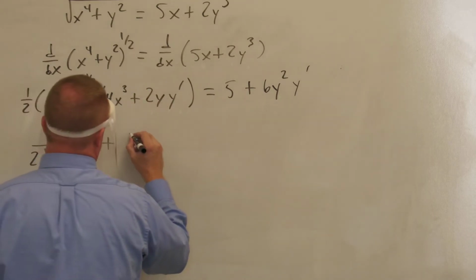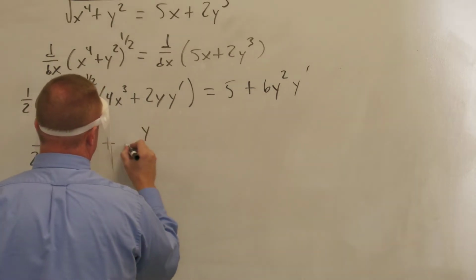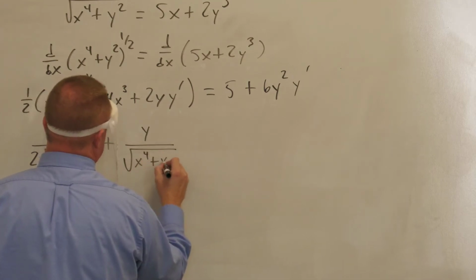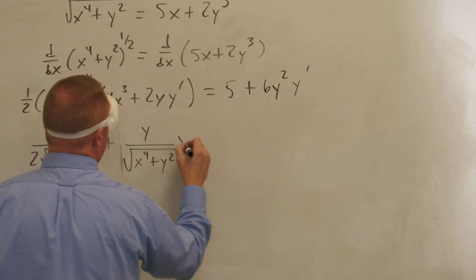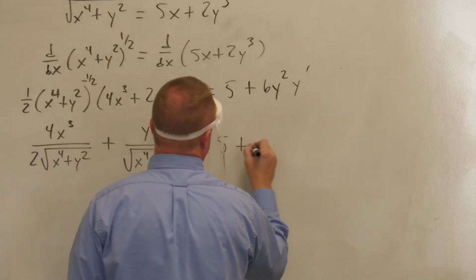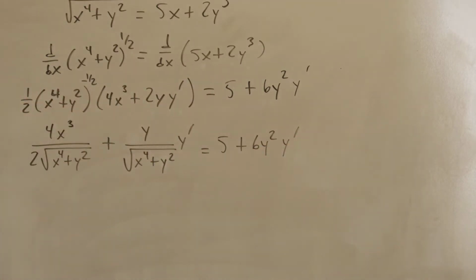So I would have y over square root of (x to the 4th plus y squared), and then y prime. Okay, that's what I did. So I just distributed, but I went ahead and got rid of that negative exponent, moved that to the bottom.